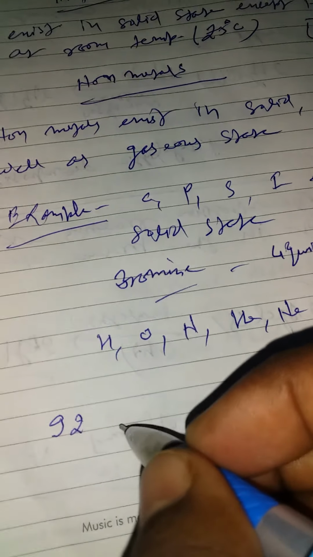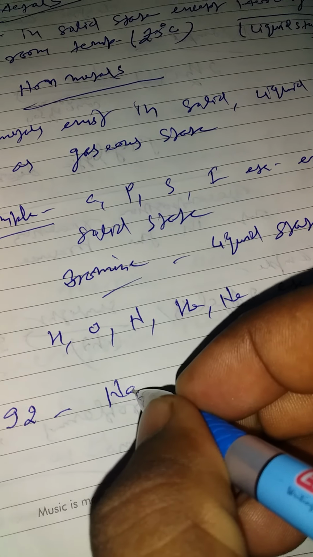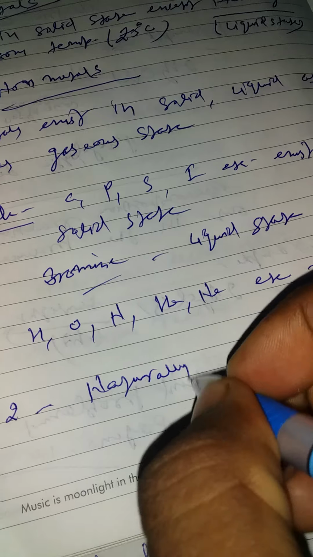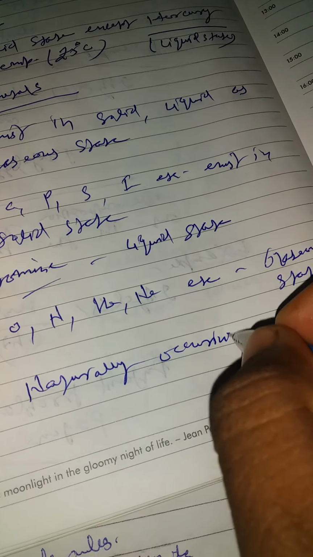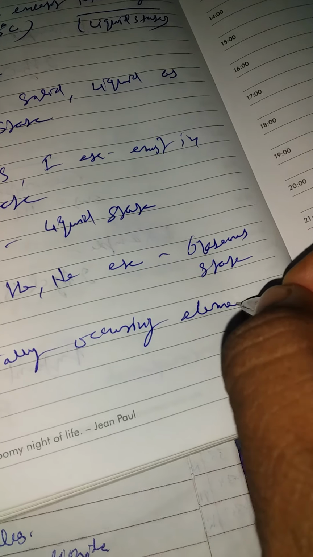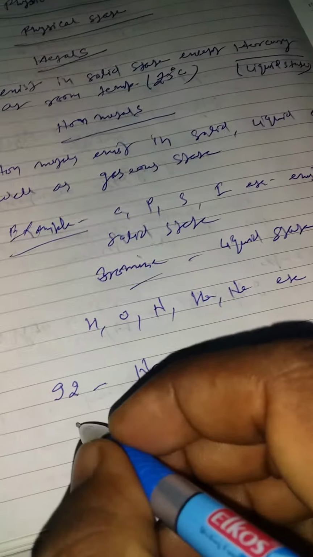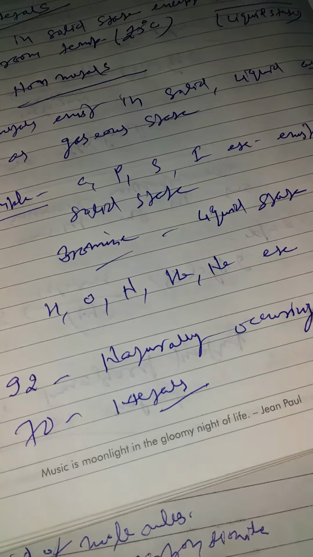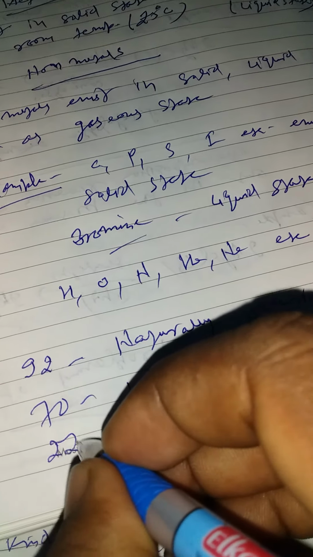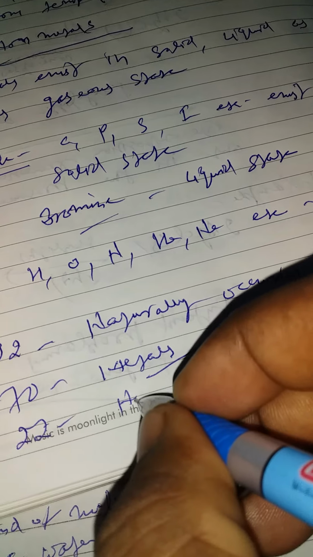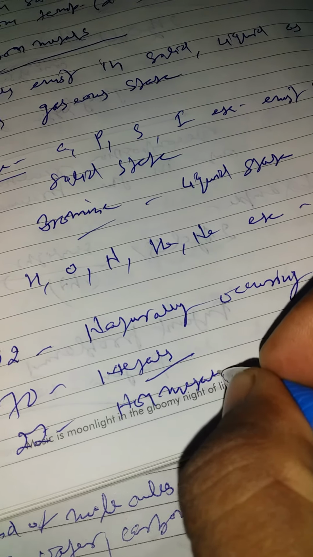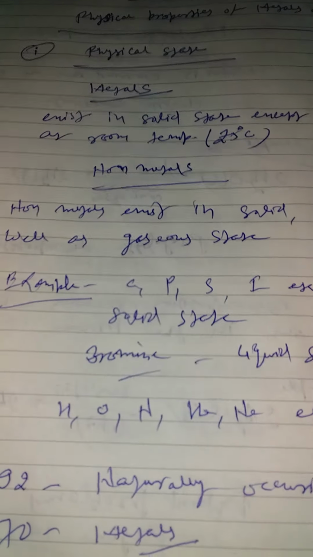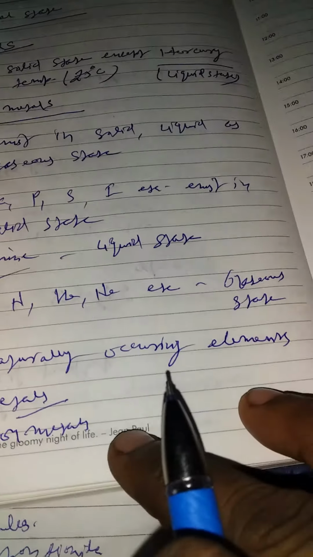92 naturally occurring elements, 70 are metals and 22 are nonmetals.